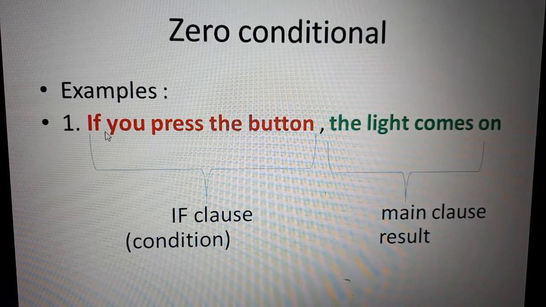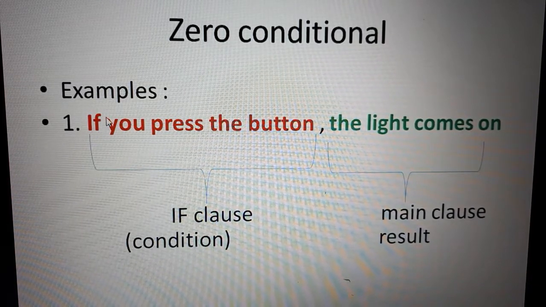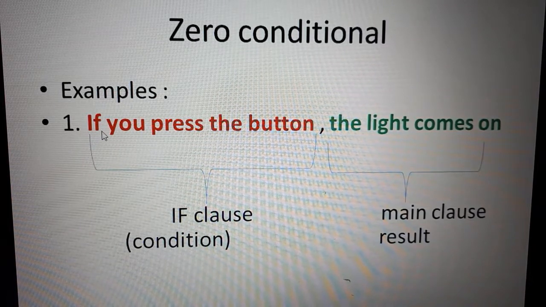Now this sentence, we call it in English an if clause or if conditional, because it has if. Any sentence that has if in it, you call it if conditional or if clause. What does if mean? It means إذا. Okay.